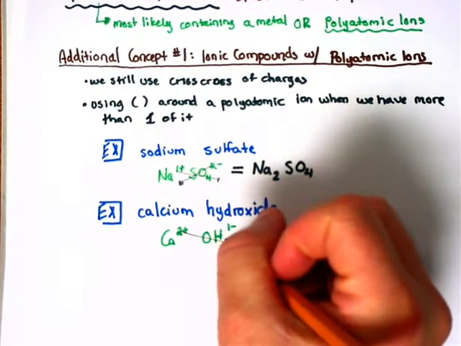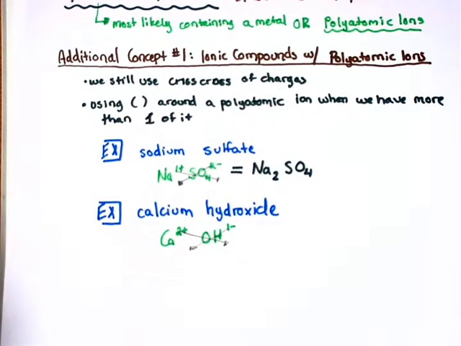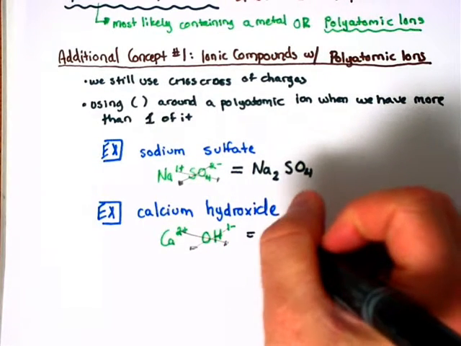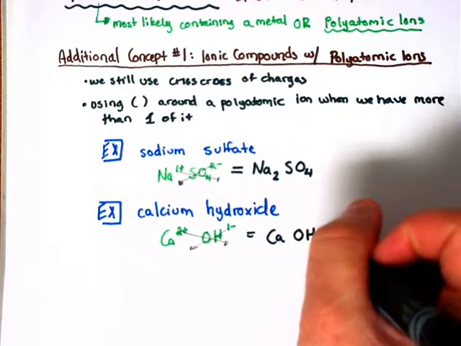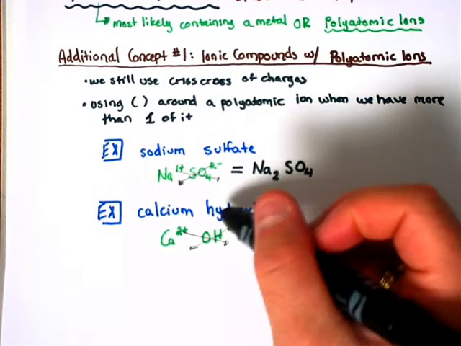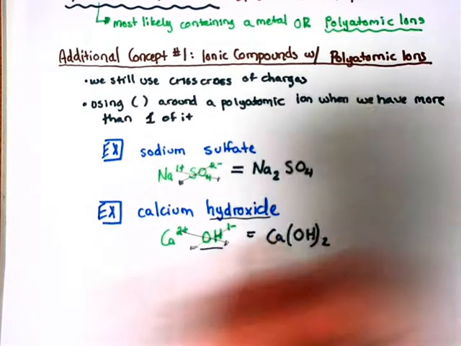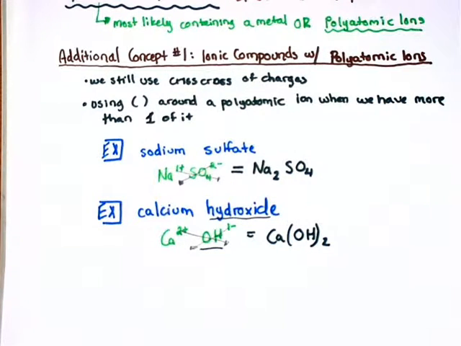The 2, it comes down. And the 1, it comes down. That's going to leave us with what? But remember, when you have more than one of a polyatomic ion, which hydroxide for sure is a polyatomic ion, you bring a number bigger than 1 down, you put it in parentheses. We good on that? Does the number have to be outside of the parentheses? It does have to be outside the parentheses.